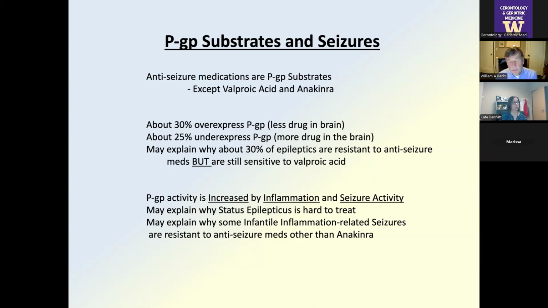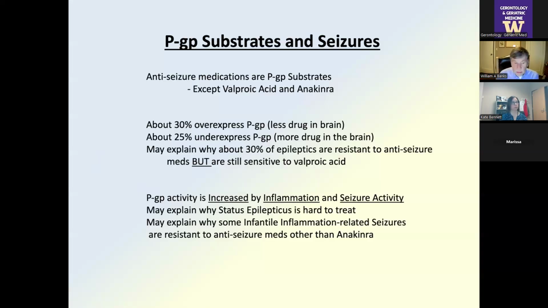And this may explain why about 30% of epileptics are rather resistant to most seizure medications, with the exception of valproic acid. The other thing is that PGP not only shows genetic variation, its activity is altered by a series of physiological events, such as inflammation. And when a person has seizure activity, neuroinflammation goes up dramatically.